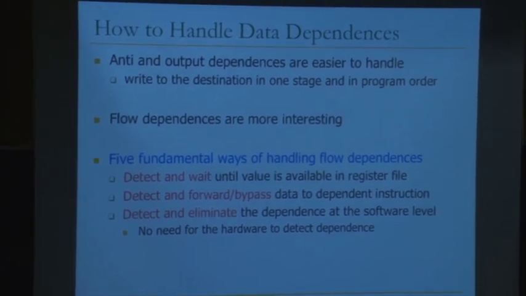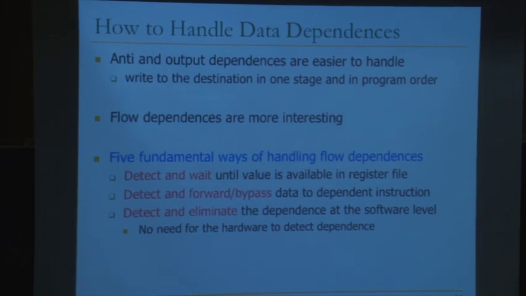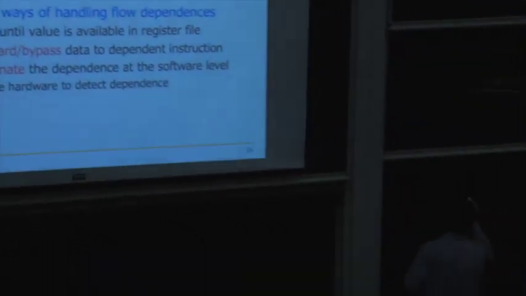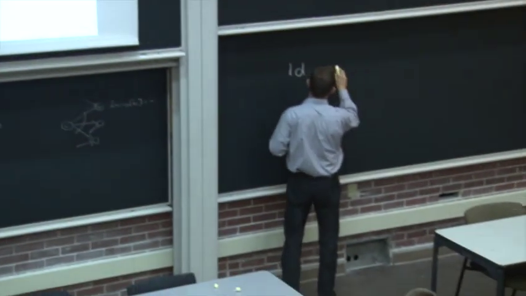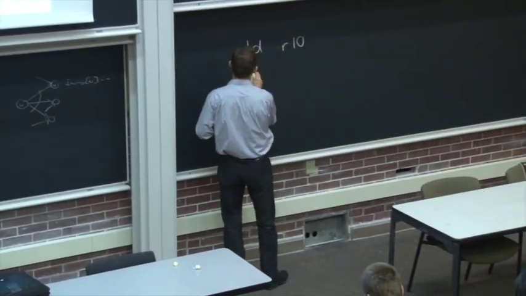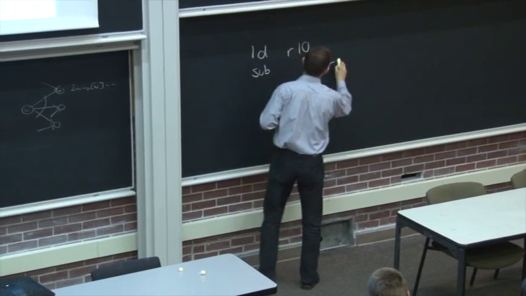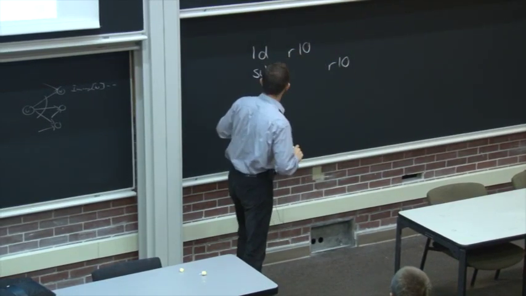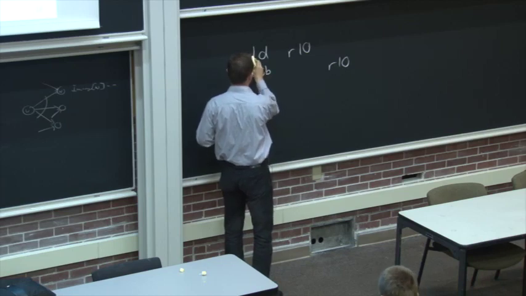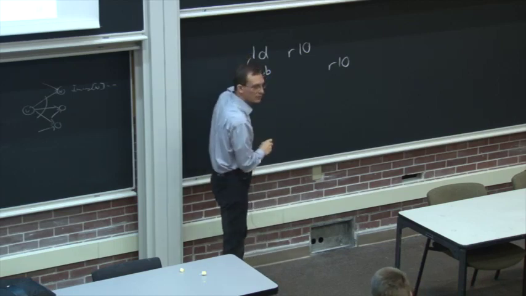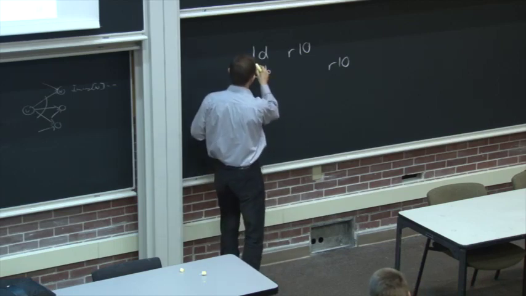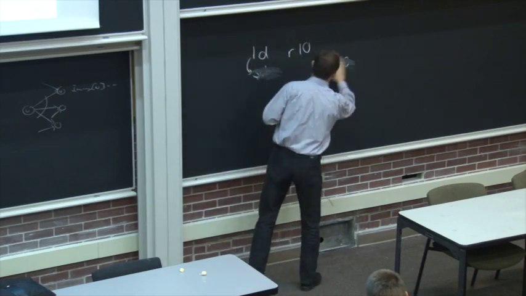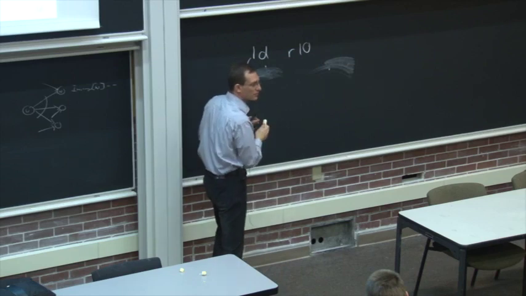Well, if you have two dependent instructions, let's say we have this load that's loading into R10, and we have this subtract that's actually reading from R10, the software knows what the pipeline looks like, and instead of putting this subtract right after the load, it schedules the instructions such that there is enough distance between the subtract and the load.